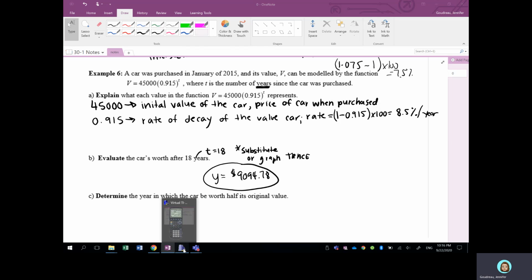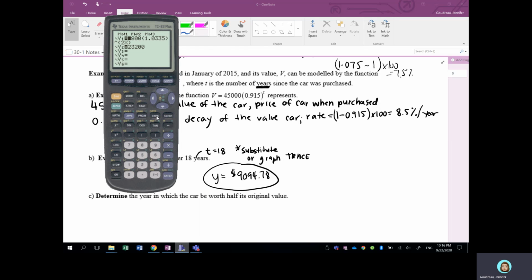When we solve by graphing, we are going to graph the original function. So we're not going to put the 18 in yet. We're going to graph the function 45,000 times 0.915 to the power of x. Okay, let's check our window settings. So are we going to have this car for 50 years? Probably not, but I'm just going to leave it at 50 right now.